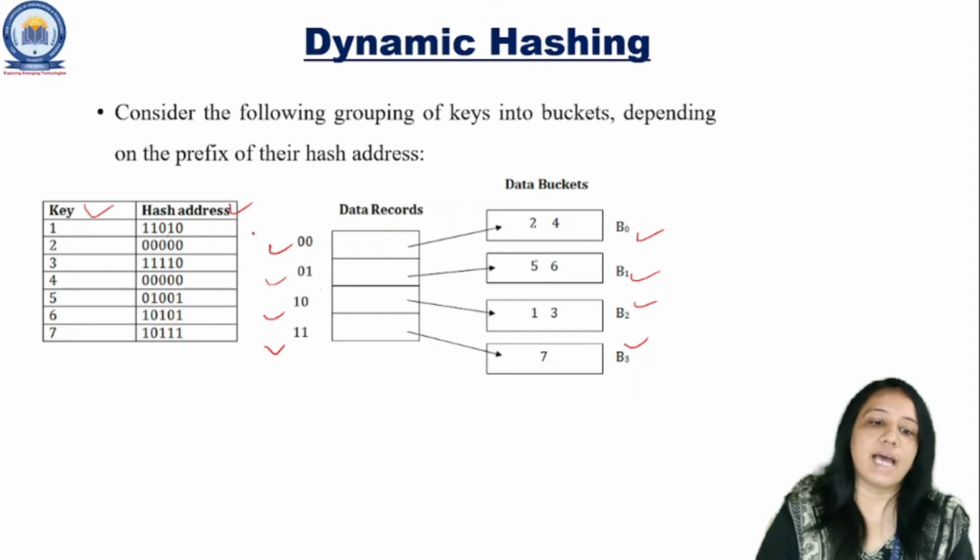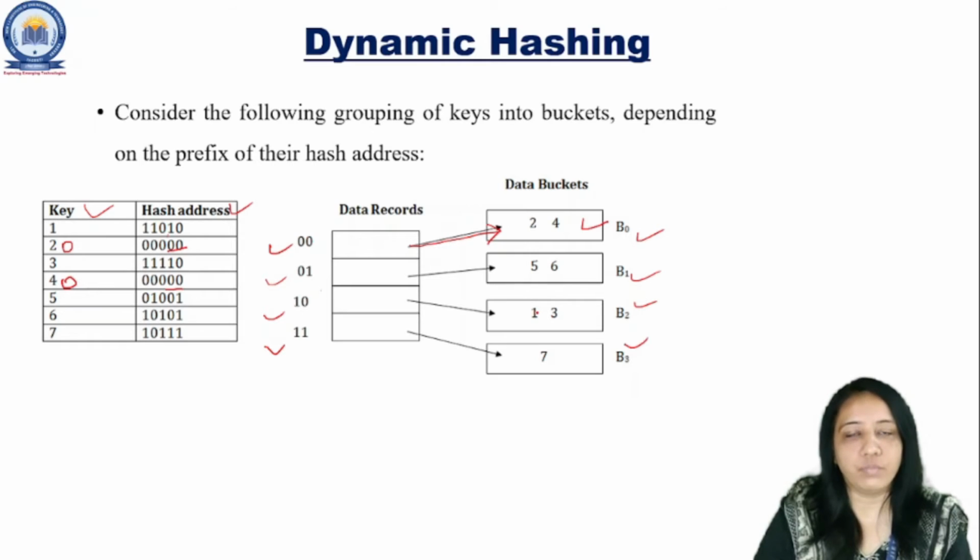Now you can see that the keys 2 and 4 both have the last two digits 00. So 00 points to the bucket that holds the two values, 2 and 4.